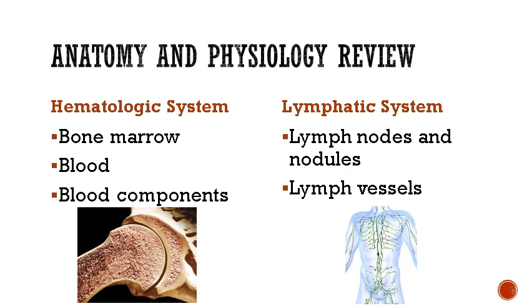Lymph vessels, which are illustrated in the graphic there, kind of shows the lymph vessel system throughout the body, and then those little green, larger circular type of things, those are the nodes and nodules. The lymph vessels return lymph to the blood, so that's an important process as well.